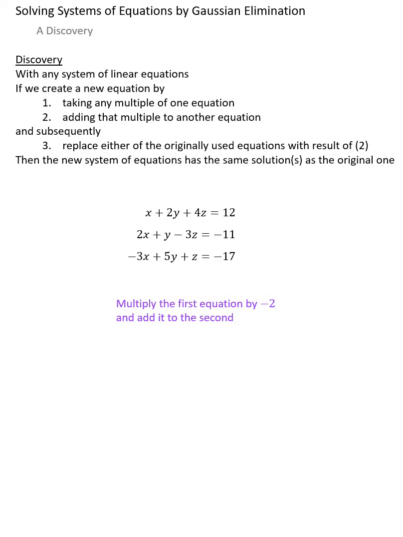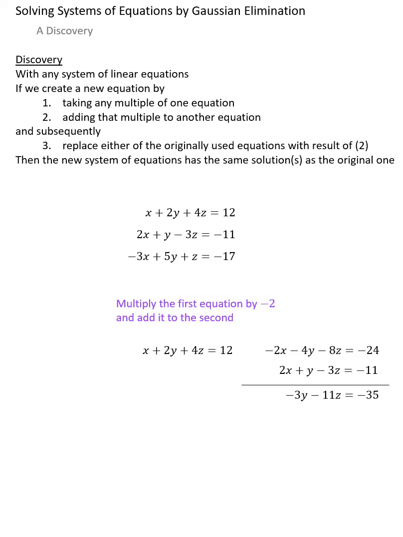So if I were to take the first equation, multiply it by some random number, say -2, and then add that to the second equation, here's the sum of those two equations, you'll notice.